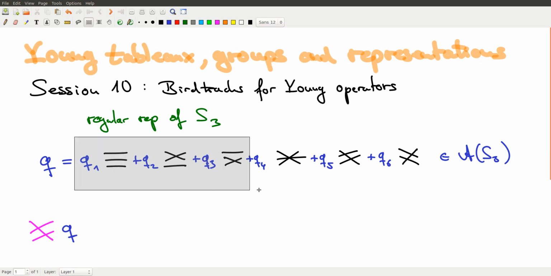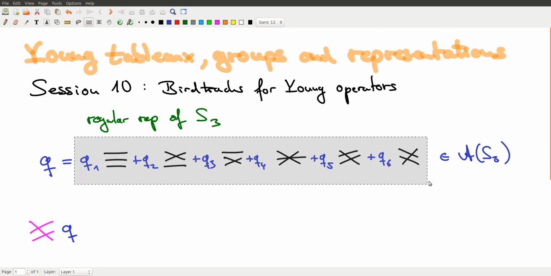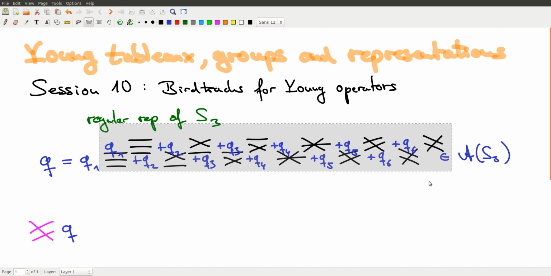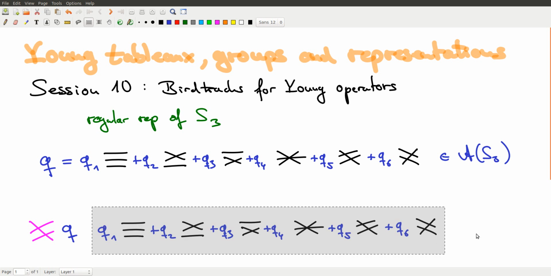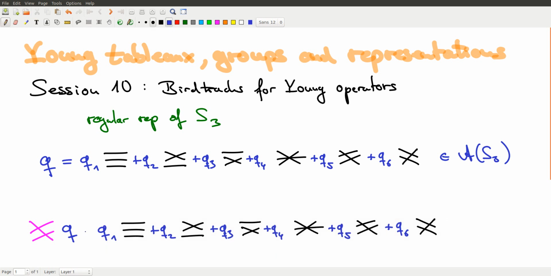What will we get? We will get again a linear combination of the group elements. Let's just put this here. But of course the coefficients will be different, because by multiplying with this cyclic permutation we will not get back the same permutations.